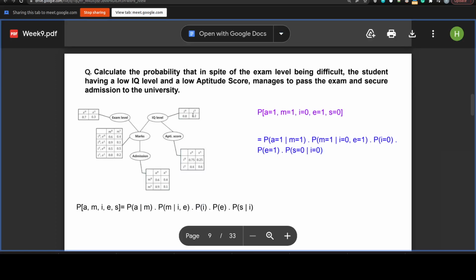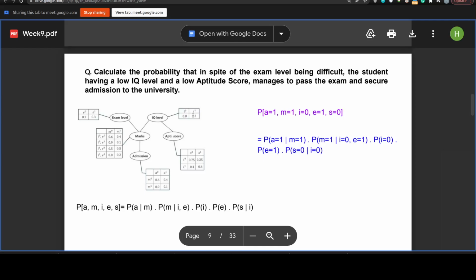So let's say, for example, P of I equal to 0 is 0.8 here. P of A equal to 1 given M equal to 1 is 0.1. So the first one is 0.1.